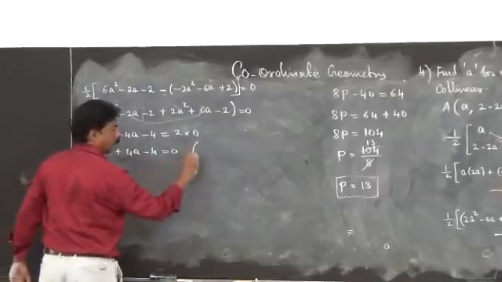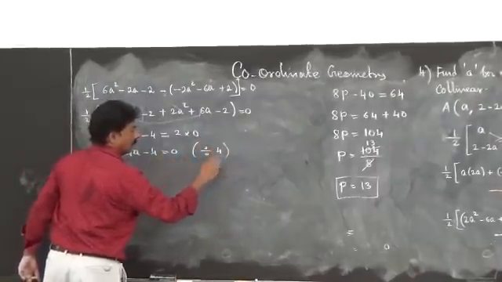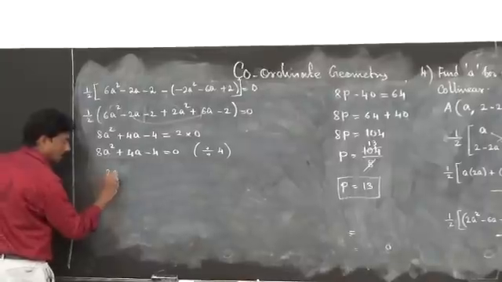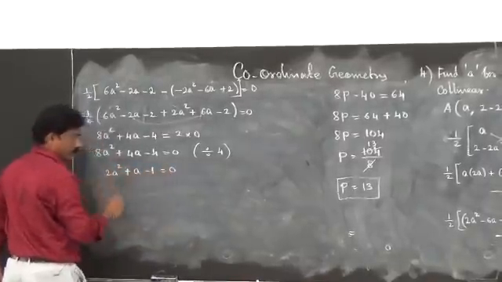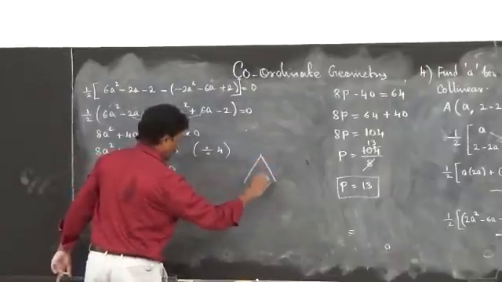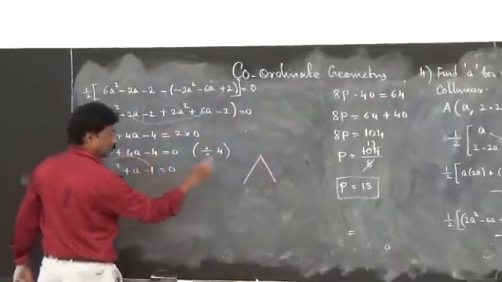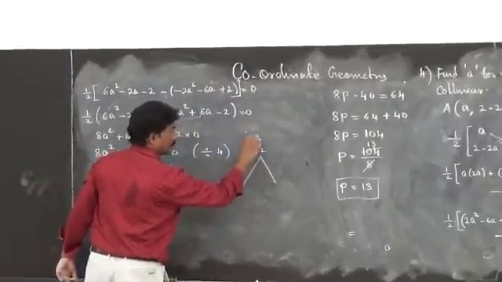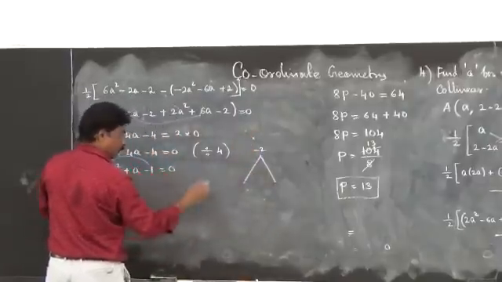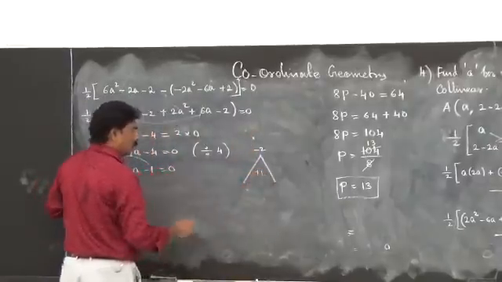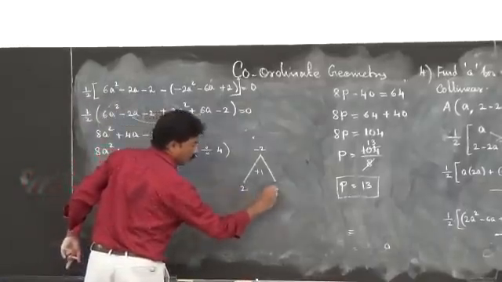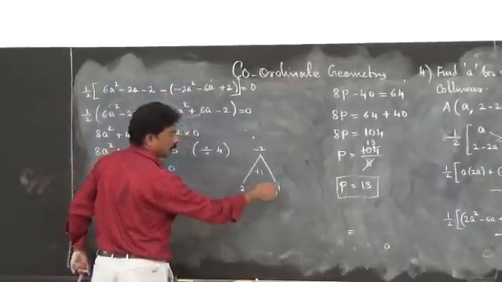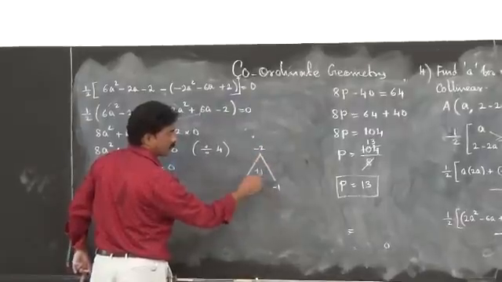All are divisible by 4. When you divide everything by 4, you will get 2a square plus a minus 1. You have to factorize. How to factorize? When you multiply, you have to get minus 2, and when you add, plus 1. So what are the two numbers? 2 and minus 1: 2 into minus 1 is minus 2, 2 minus 1 is plus 1.